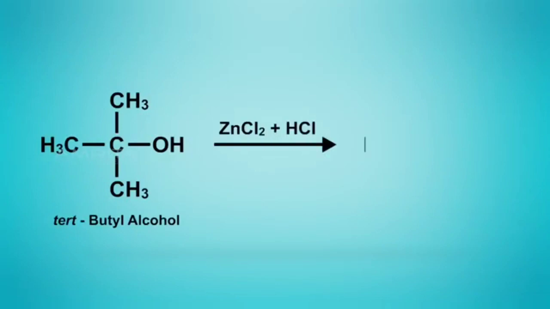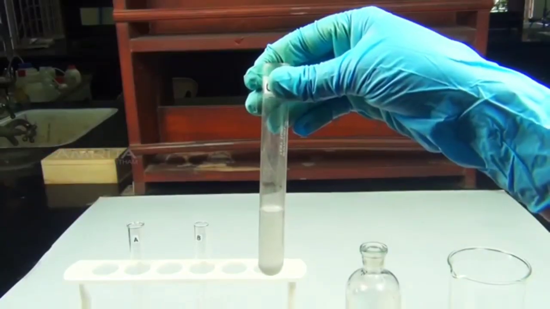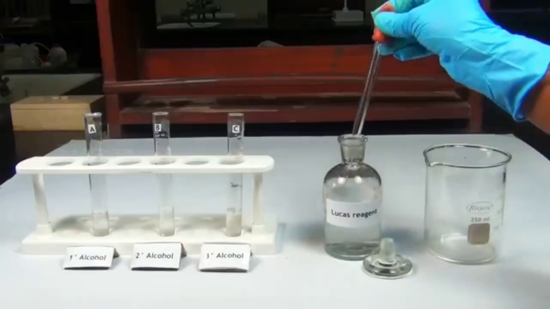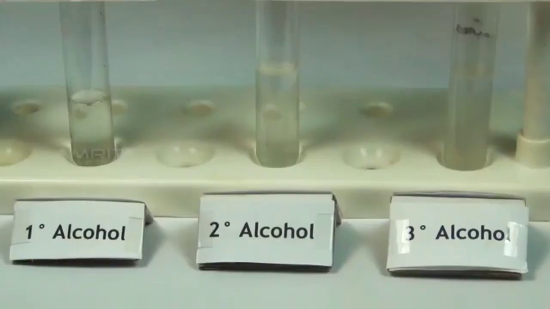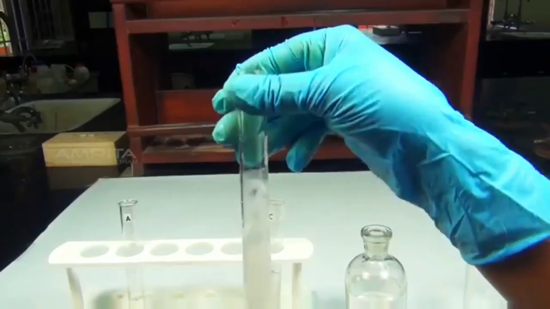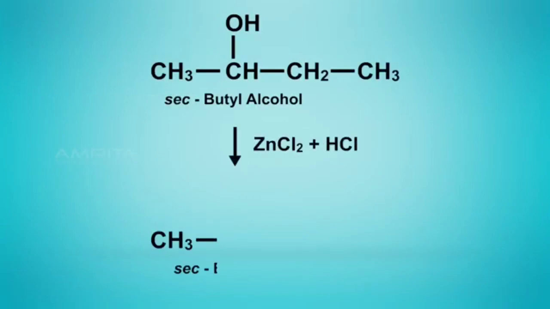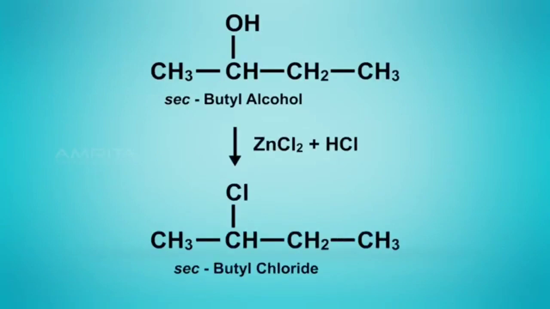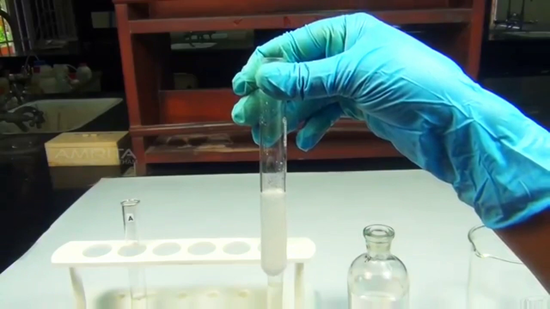Tertiary alcohol reacts instantaneously with Lucas reagent to form alkyl chloride, which being insoluble results in cloudiness in the solution. Then add a small quantity of Lucas reagent to the secondary alcohol taken in test tube B and shake the test tube well. Secondary alcohol reacts in about 1 to 5 minutes with Lucas reagent to form alkyl chloride, which being insoluble results in cloudiness in the solution.